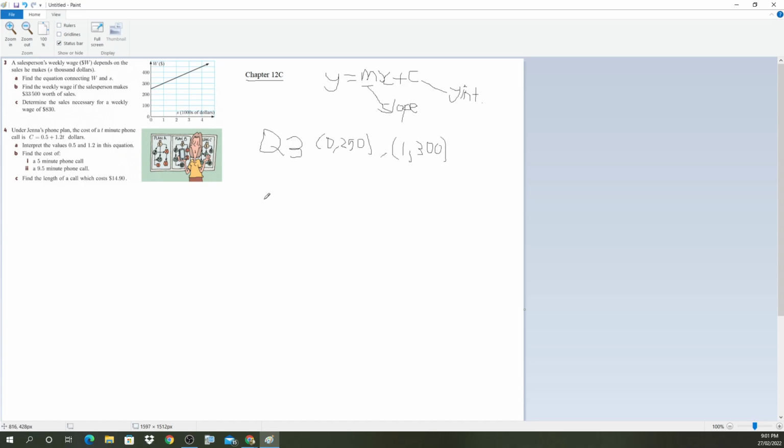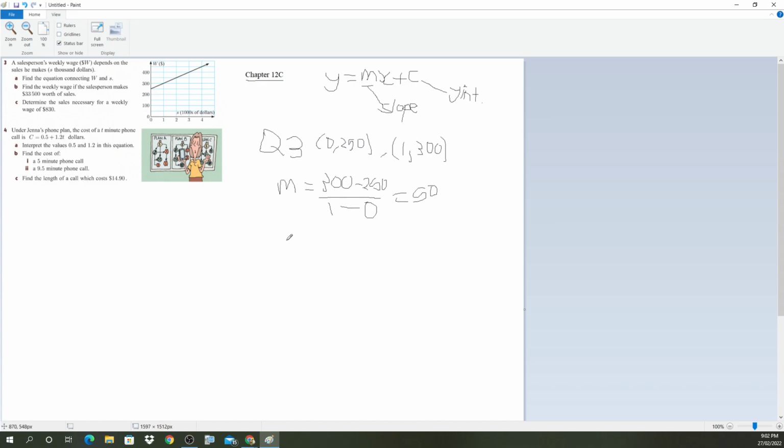Okay, so if I want to work out in the coordinate way, my m is equal to 300 minus 250 divided by 1 minus 0, which is 50 on 1, or just 50. And I already know my y-intercept, because when x equals 0, y equals 250.